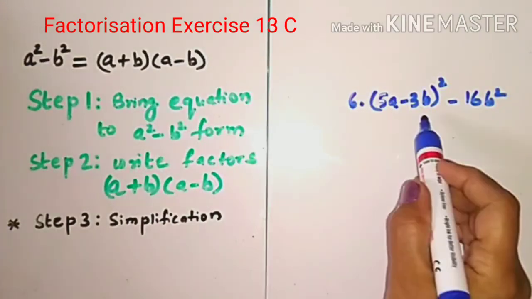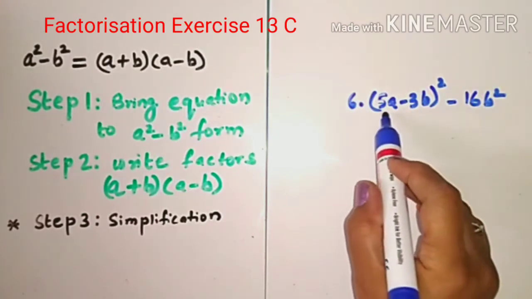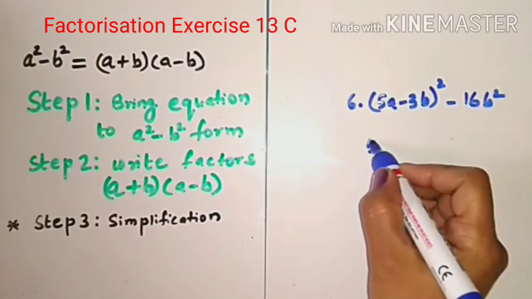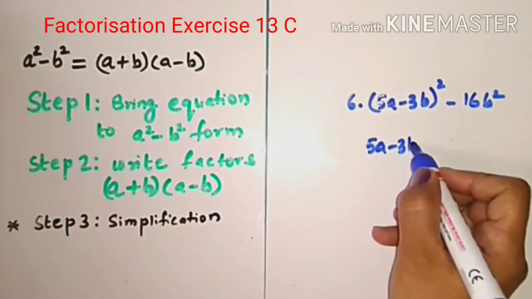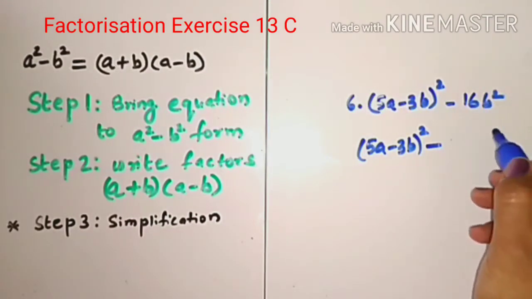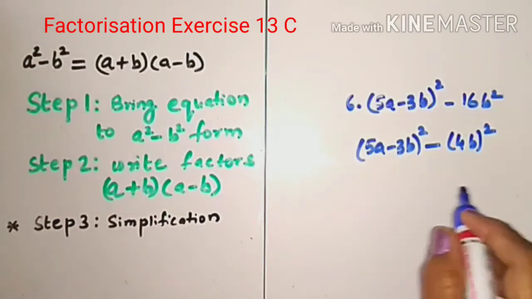Sixth sum, is it in a square minus b square form? This part is, but this we have to do. So we will write it as (5a minus 3b) square minus 16b square, which can be written as (4b) whole raised to square. Step is done.